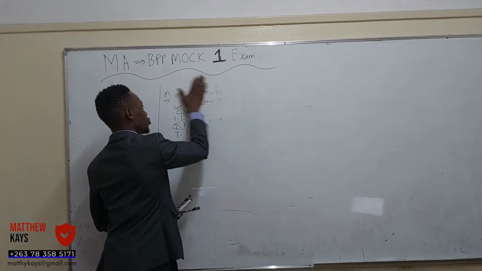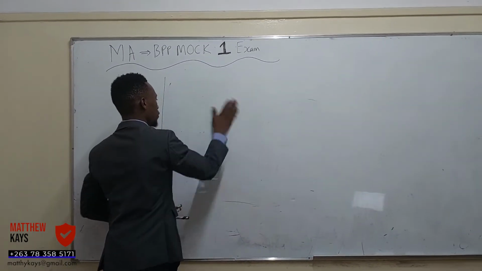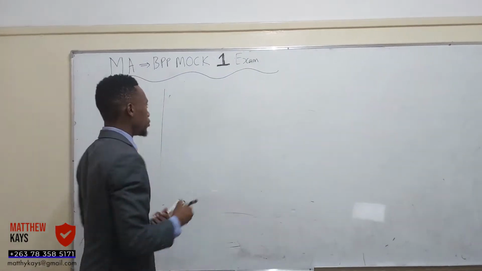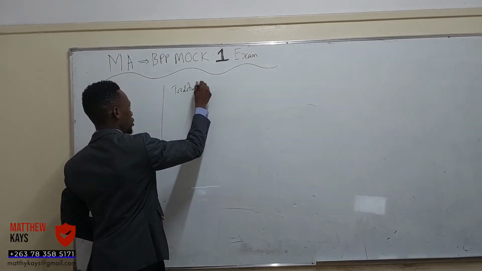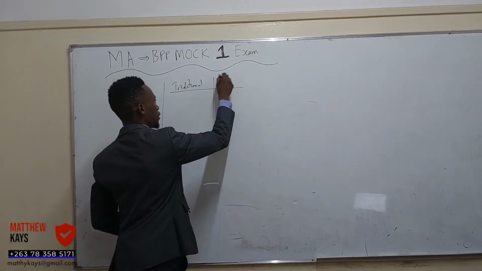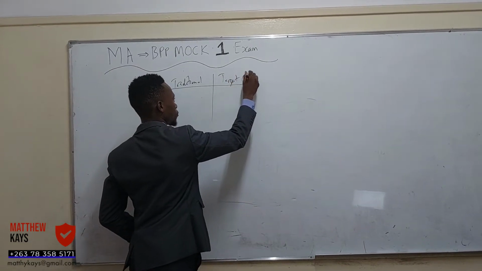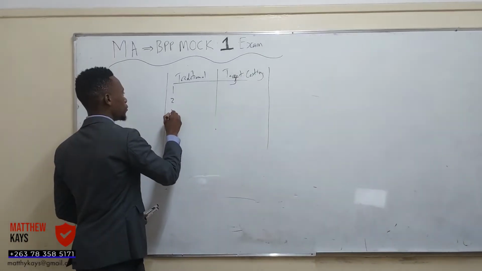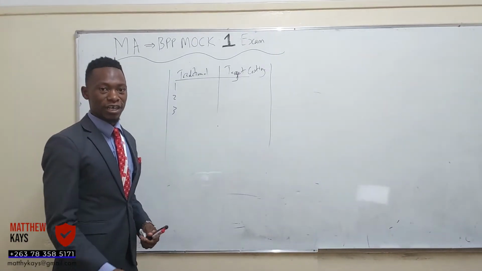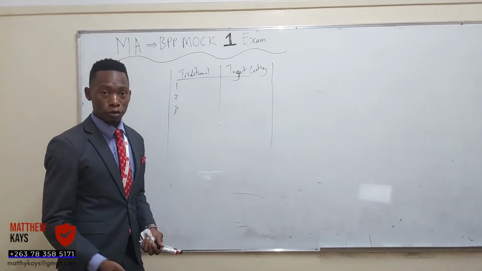What do most people do when they sell their products? Normally, there is what is known as the traditional method, versus target costing. With the traditional method, when you want to sell your product, normally you want to know the cost that you have incurred.